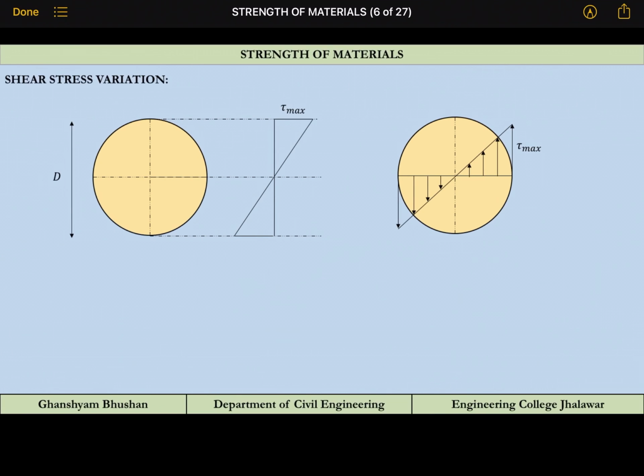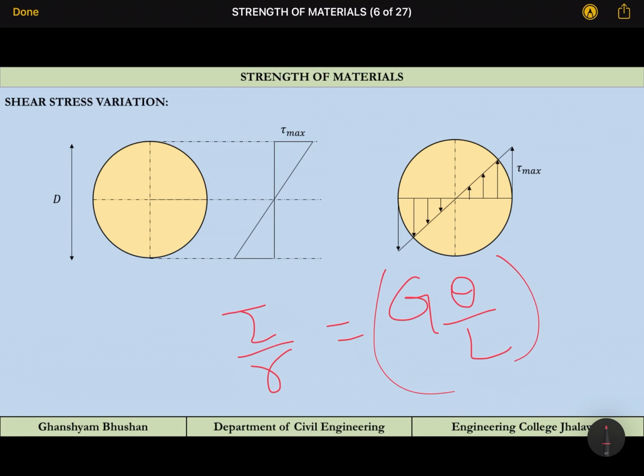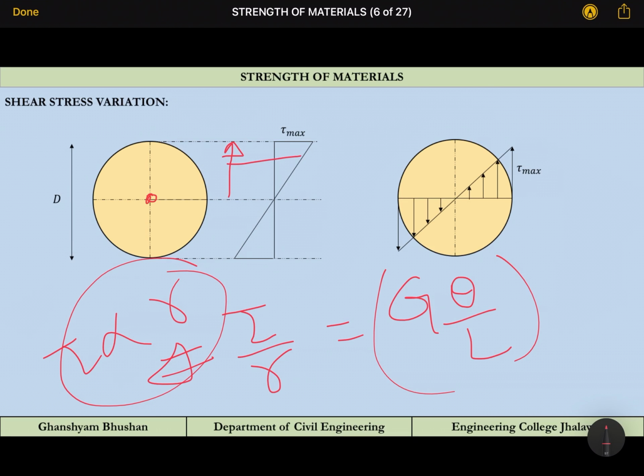Clear? Now let us see how the shear stress is varying. So what is the shear stress? Tau by r is equal to G theta by L, or from here we can see tau is proportional to r. So this is the variation of r from the center. You can see anywhere you can have the value of shear stress, and on the periphery you can see the maximum shear stress is there, and here it is very small.